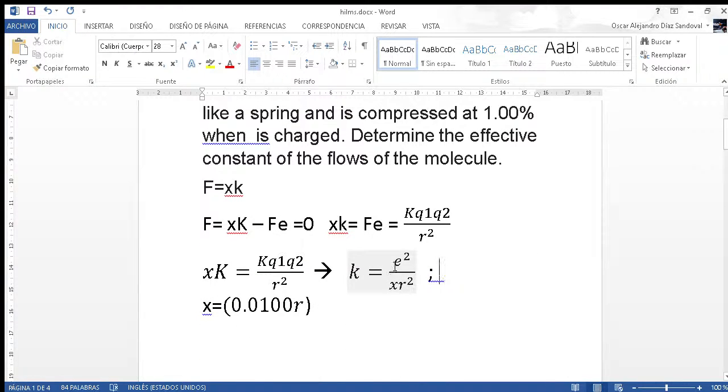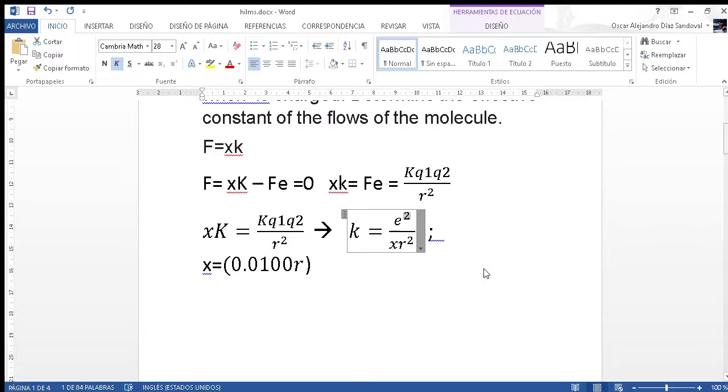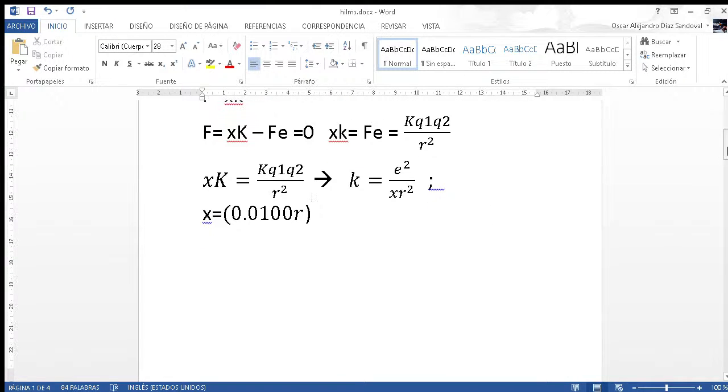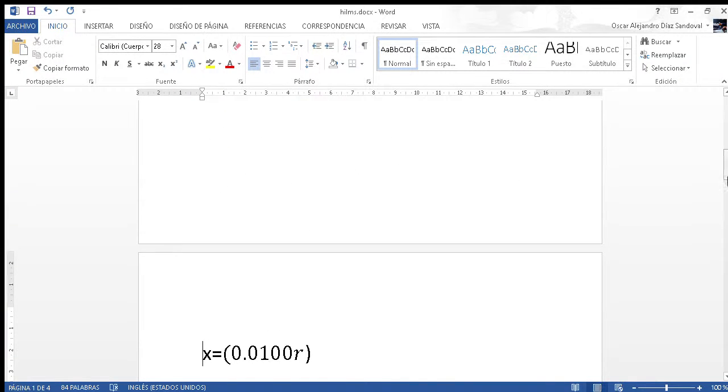So we have E squared between X that multiplies R squared, and we need to do one simple operation, that is this.